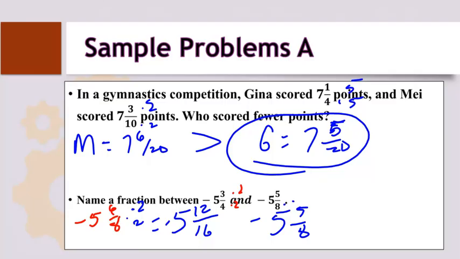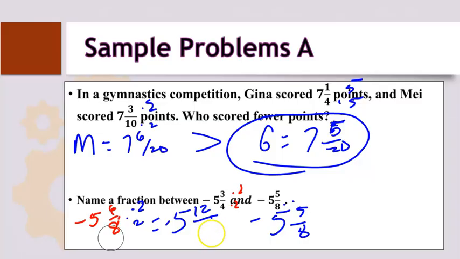Actually, I had the wrong denominator. Actually, let me go back.